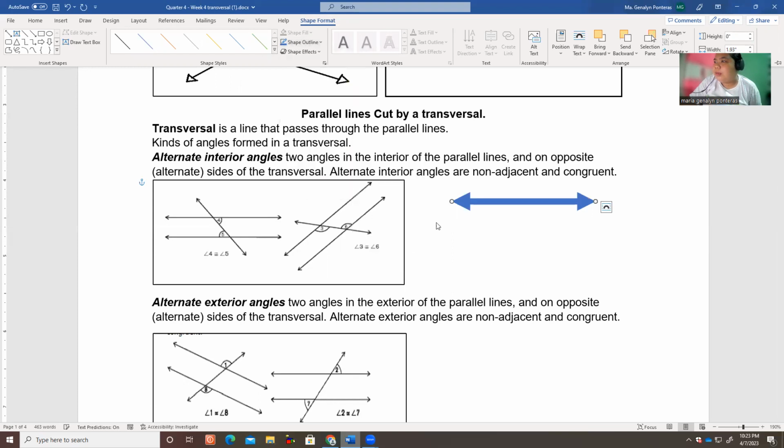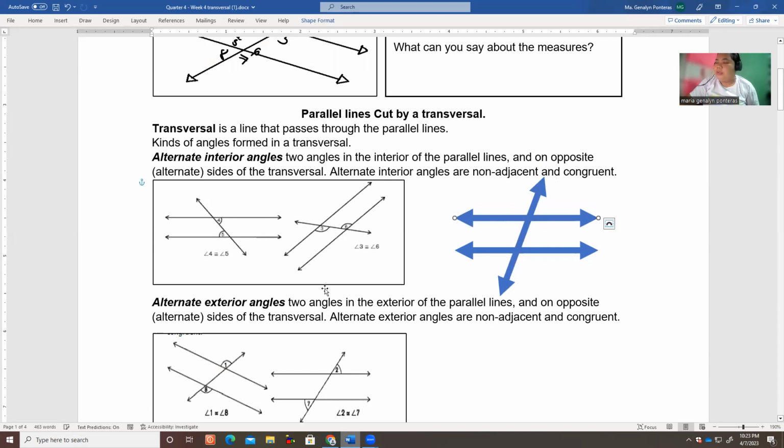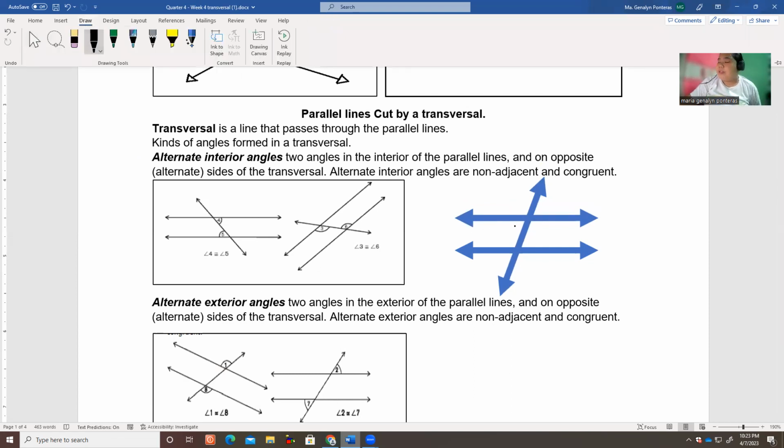So let's say you have a line here, parallel line, and then let's say we have a transversal. So this one. And let's say you have a parallel line and we have a transversal.